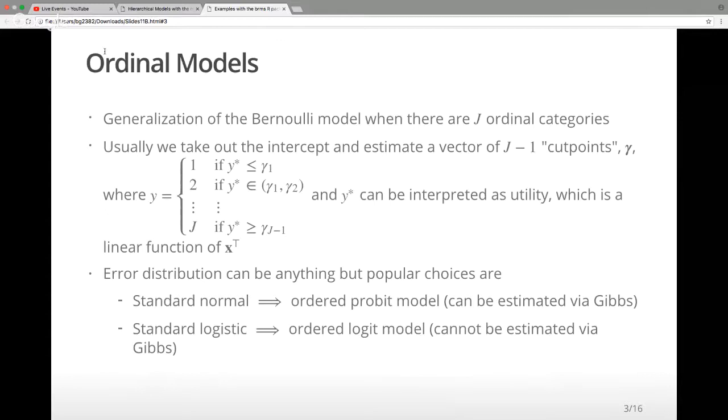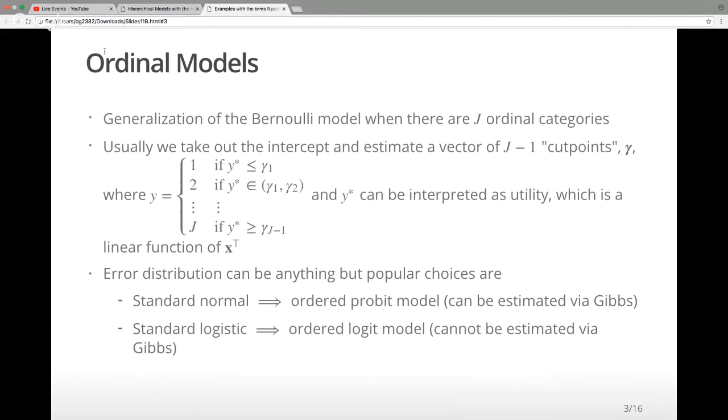Then the observation falls into the first category, which could be like strongly disagree. If the utility falls between the first cut point and the second cut point, then the observation comes out in the second category, like disagree but doesn't strongly disagree, all the way up to the last category, which is said to occur if utility exceeds the J-1 cut point. And so that person would answer strongly agree.